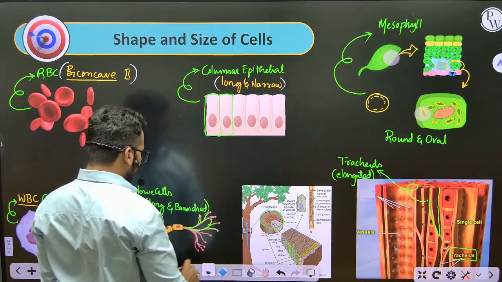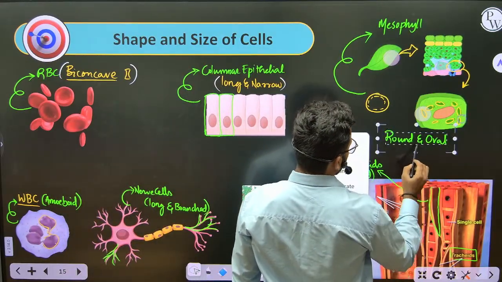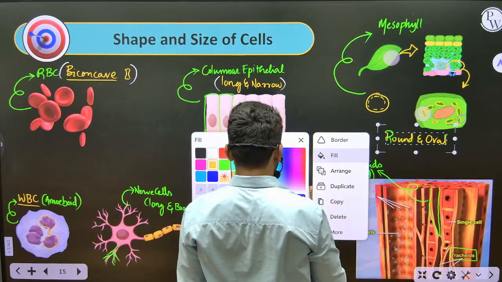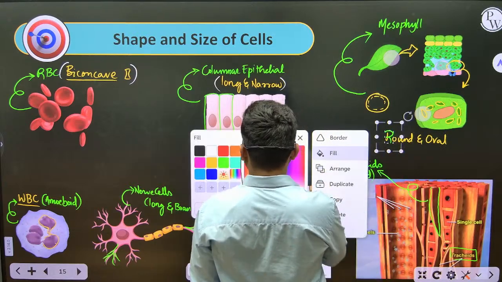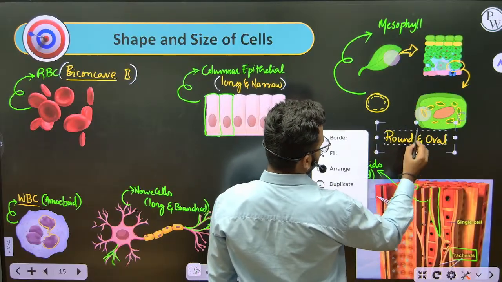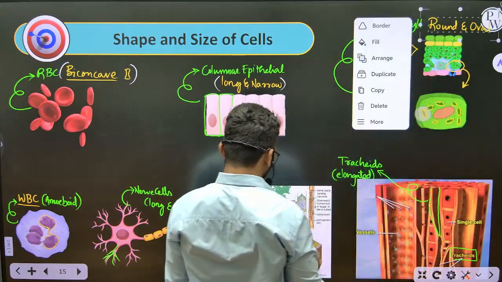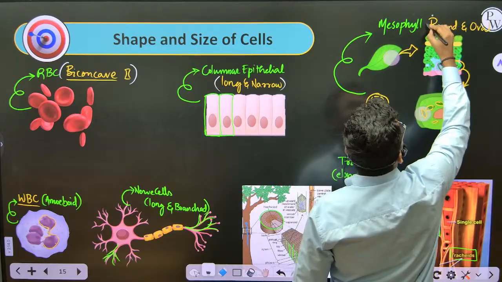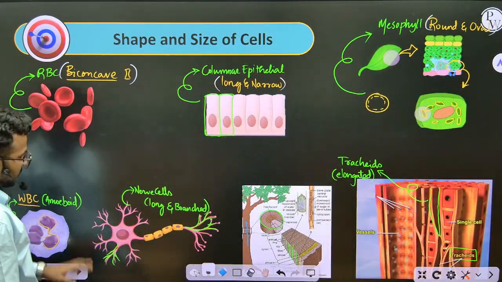And coming to the mesophyll cells, they are round and oval. Mesophyll cells are round and oval. And coming to the WBC cells, they are amoeboid in shape.